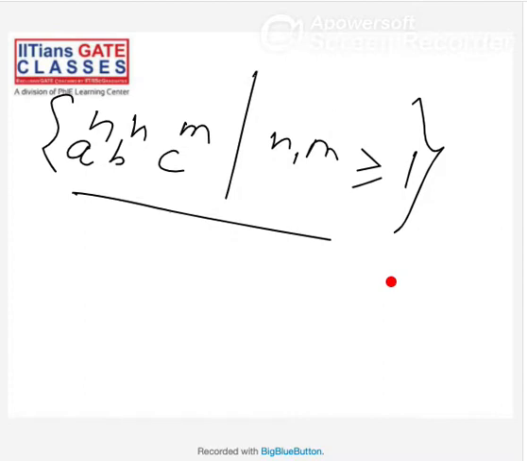Anyone want to try? In the last lecture, we have already seen how to detect whether a given language is regular, so at least you should know how to check for regularity. Anyone want to try, or should I explain?